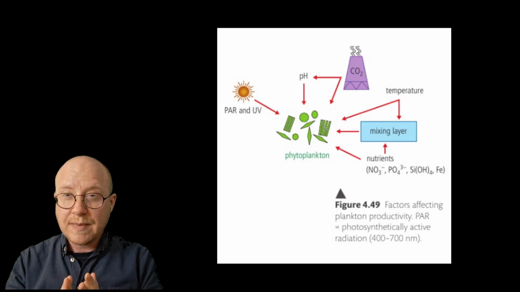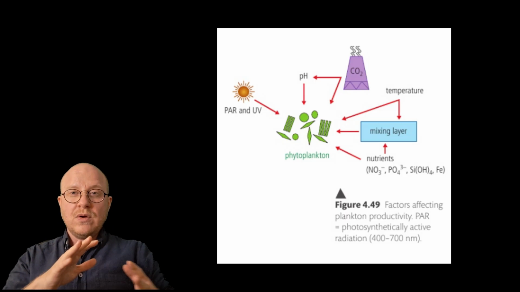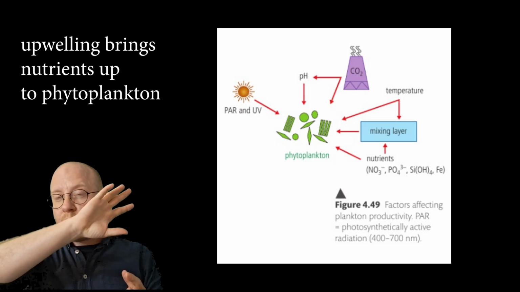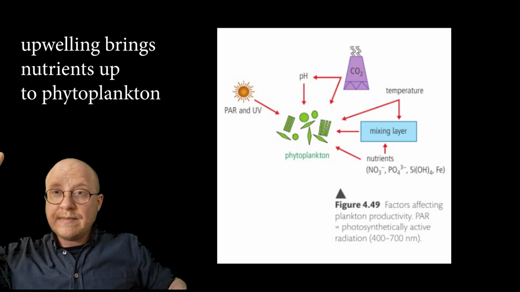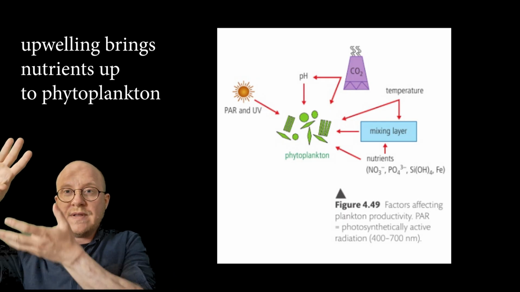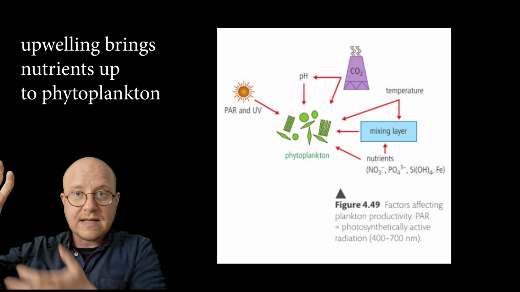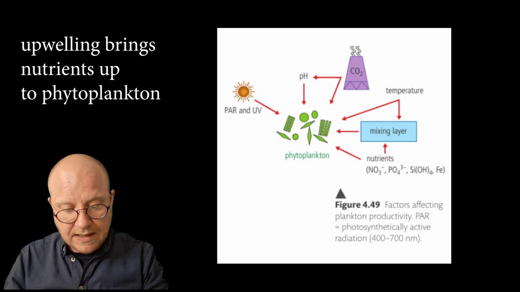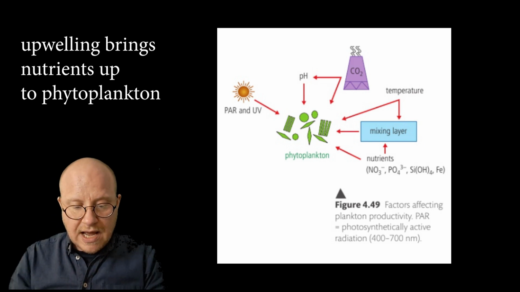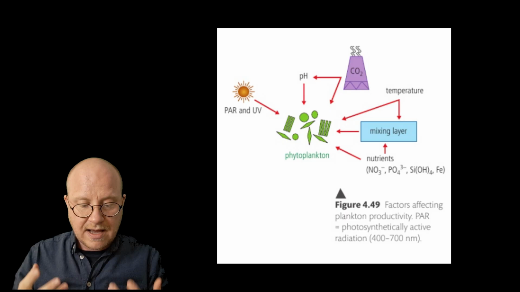Remember, we've talked about upwelling. When the wind blows the surface water away, that cold, deep, nutrient-rich water comes up to replace it. That's upwelling. And we talked about it being nutrient-rich, but what does that mean? Well, these nutrients such as nitrate, phosphate, and silicic acid.